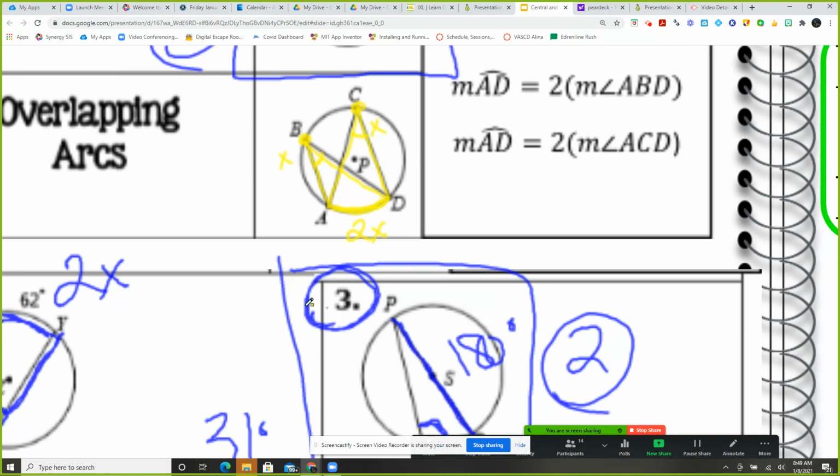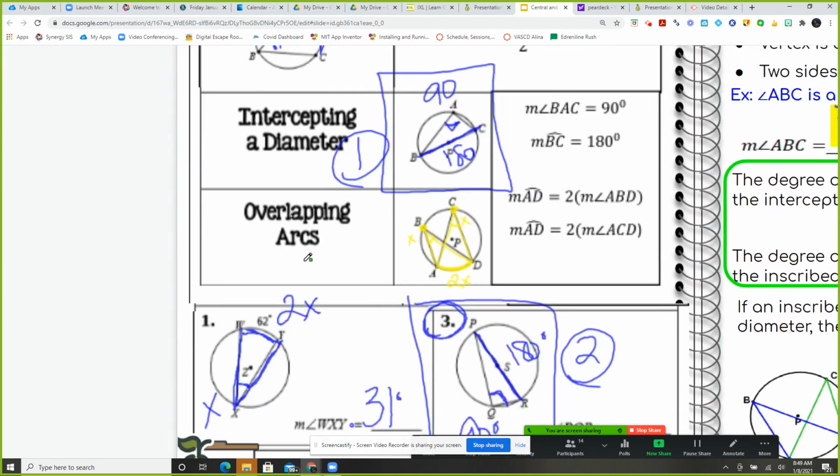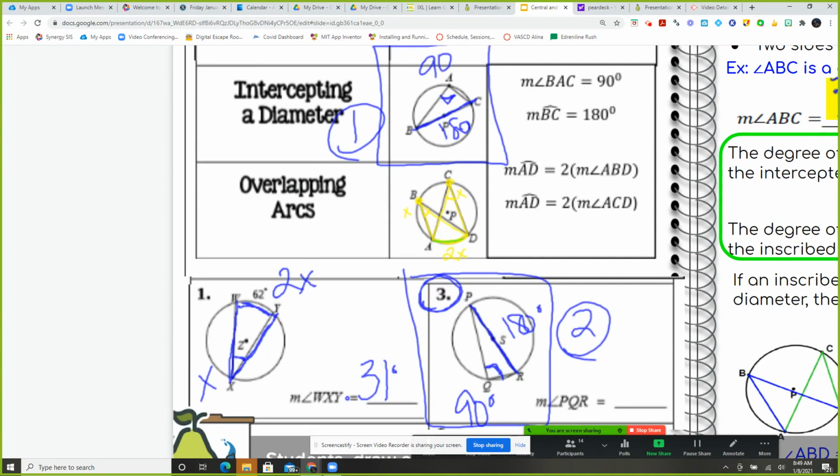They're the same. That yellow is really hard to see, so I'm going to get a different color. So if this is 2x, these two angles here are equal because they overlap. And if you kind of think about flashlights lighting up something or spotlights on a stage, sometimes that helps.